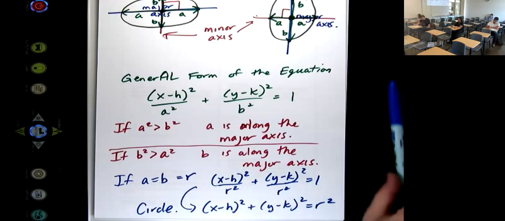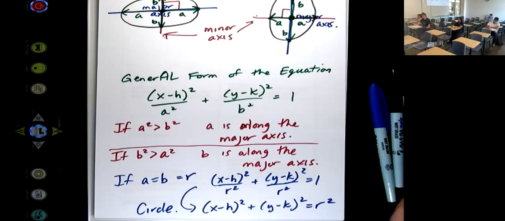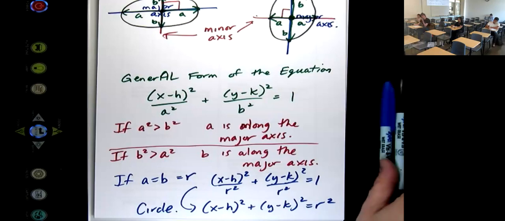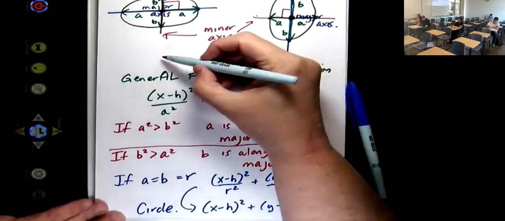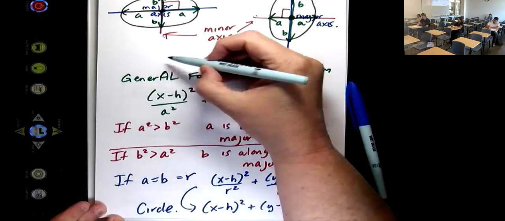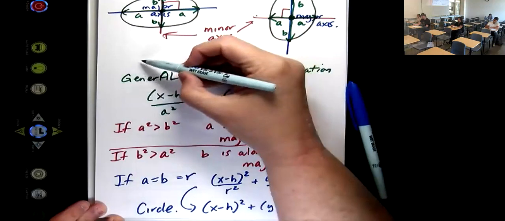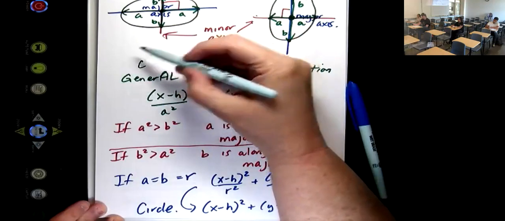And for both of these, this is a little bit different than the way the book does it. But I think it's easier to remember. We just keep it constant. We use the letter C for the focus.